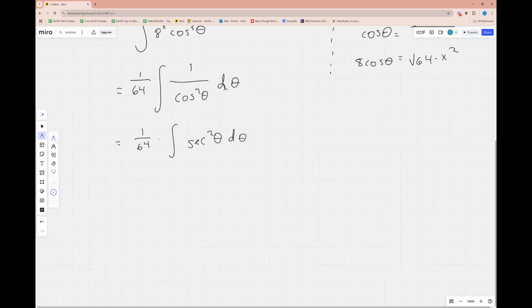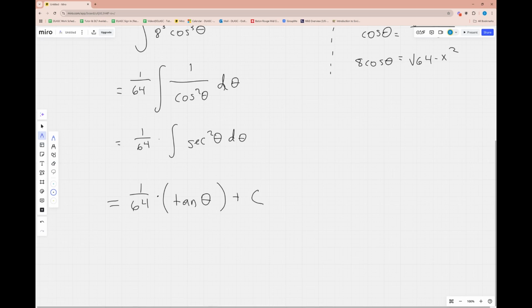Hopefully you know your integrals, okay? The integral of secant squared theta is tangent theta. So this ends up breaking down to 1/64 times tangent theta. And of course, plus c.